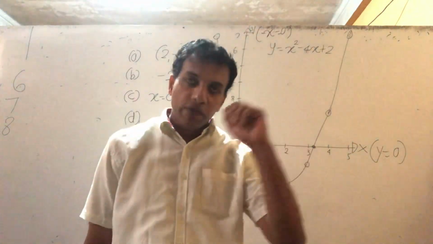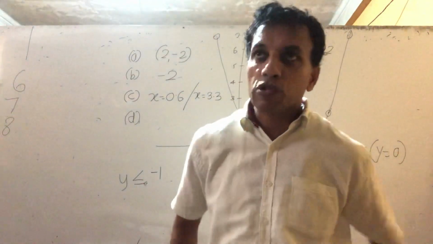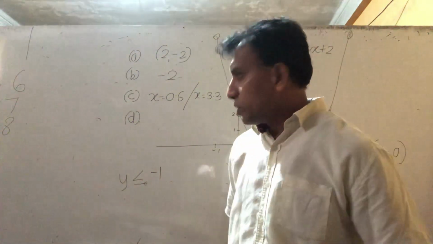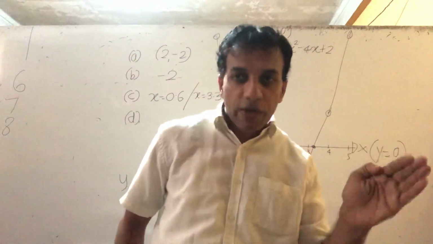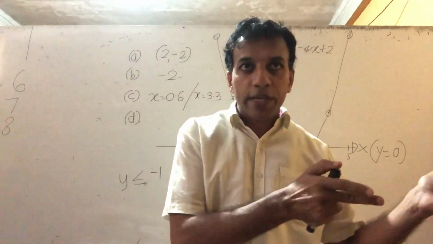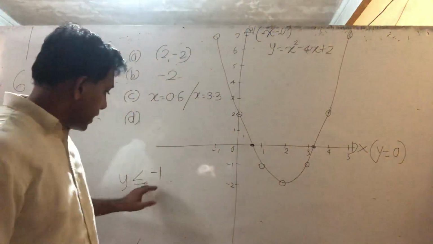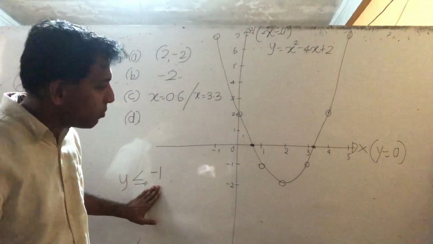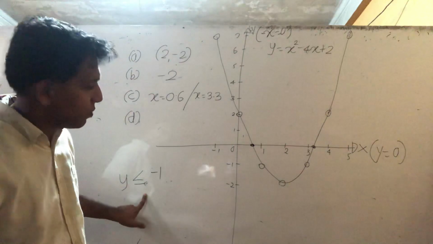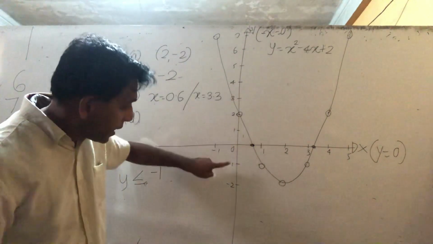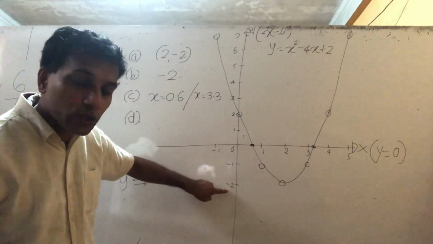If you refer to my previous videos, I explain clearly how to write such range answers. Here we have to write the x values, from where to where. Range means the start point and finishing boundaries. So y is less than or equal to -1. Where is y -1? Here y is 1, 2, 3, 4, here -1, -2.